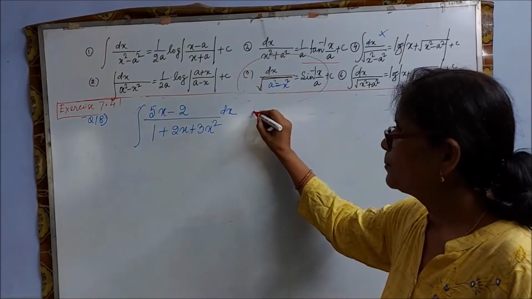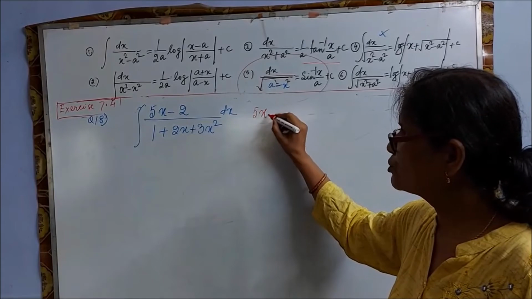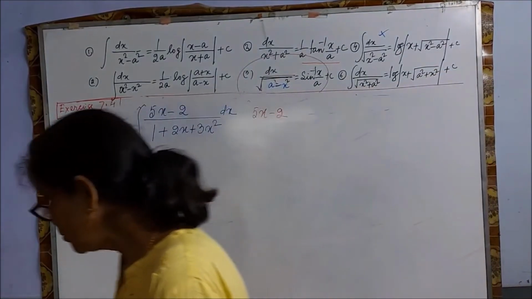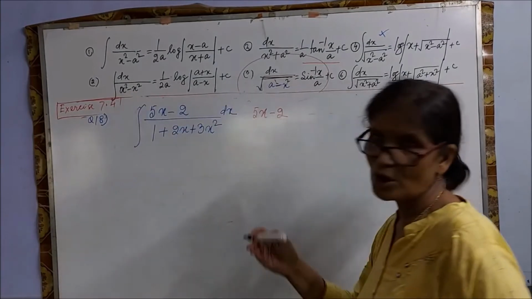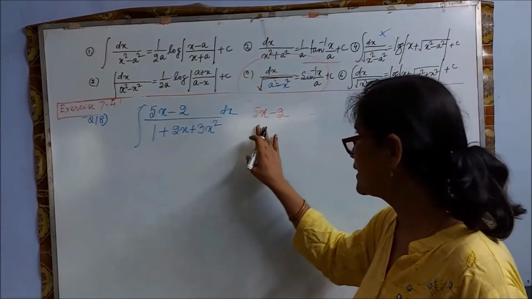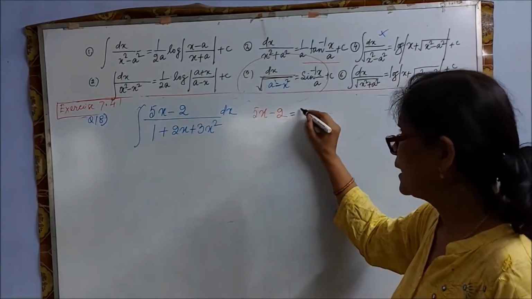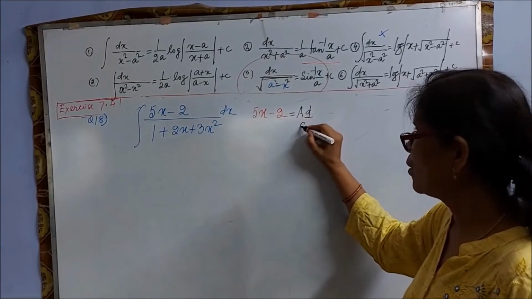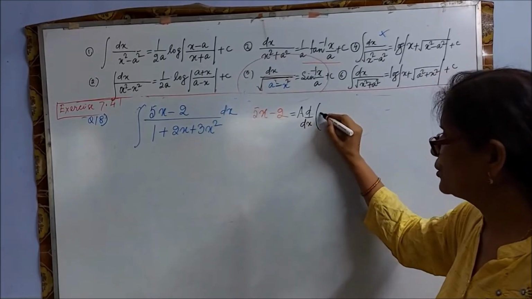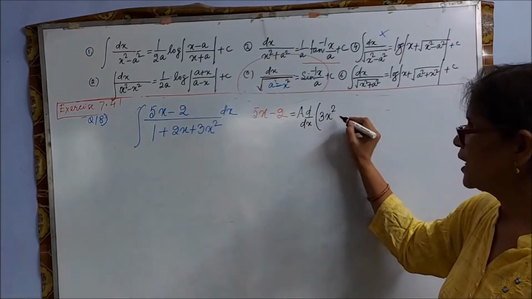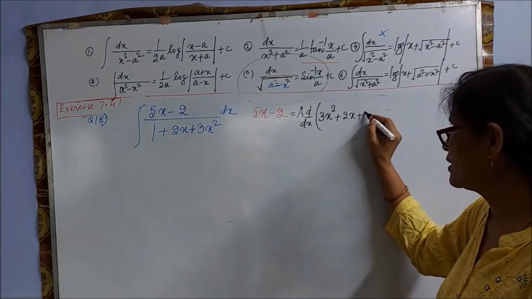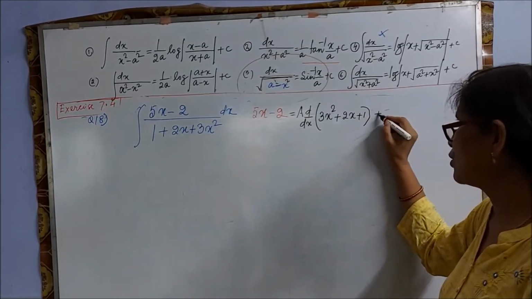Let 5x minus 2, which is your numerator. Always you will follow this procedure. Let the numerator be a, a constant, into the derivative of your denominator. I am writing exponent-wise, x square first, plus another constant b.